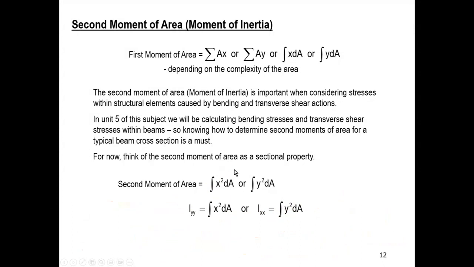That is very important. Mathematically, this is defined whether it is about the x-axis or y-axis. It is proportional to the square distance from the neutral plane or the reference datum multiplied by the area. So that integral is called the second moment of area.